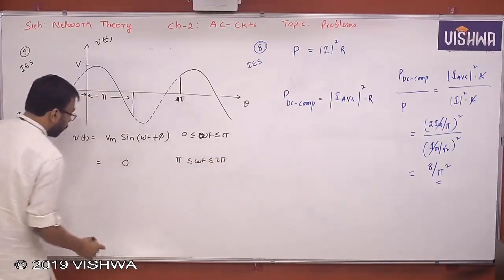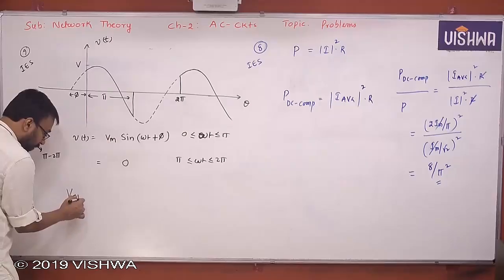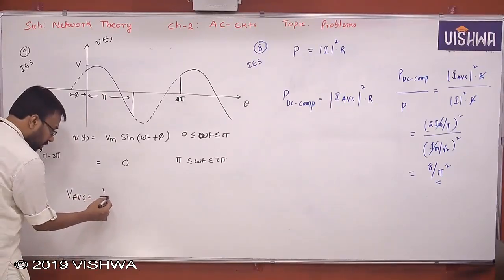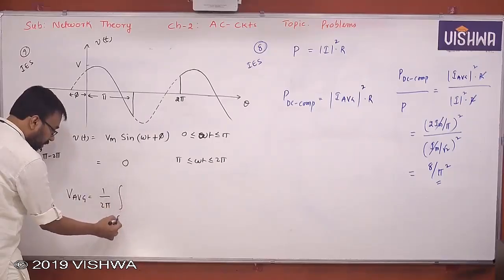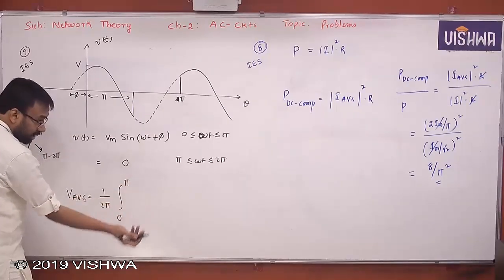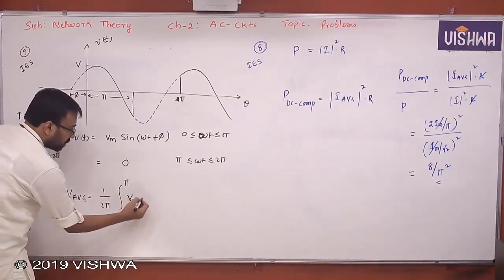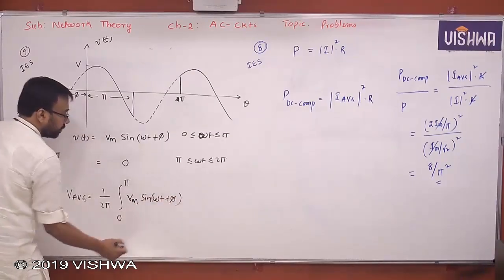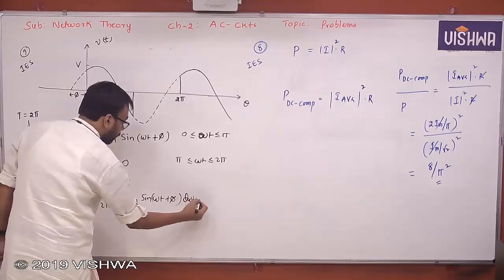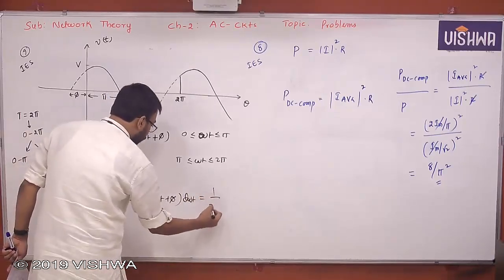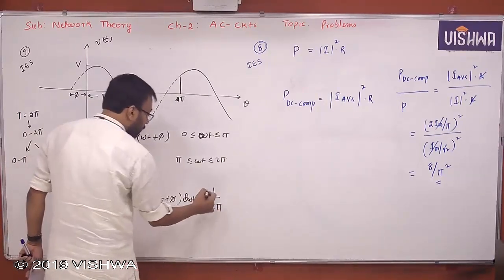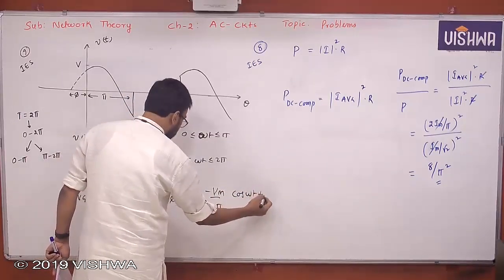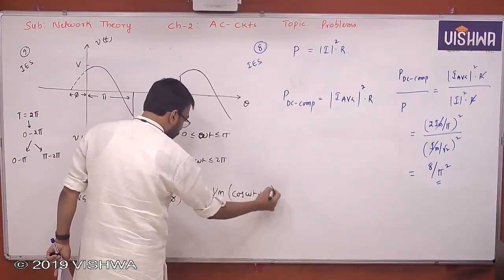Therefore, what is V average? It is 1 by 2 pi, integral from 0 to pi, because from pi to 2 pi there is no signal, of V max sine omega t plus phi d omega t. So 1 by 2 pi becomes minus V max cos of omega t plus phi from 0 to pi.